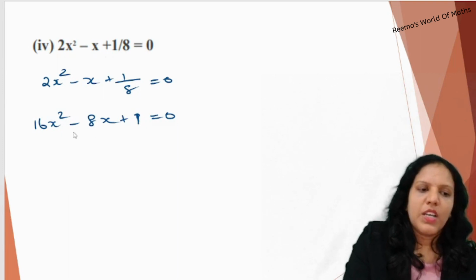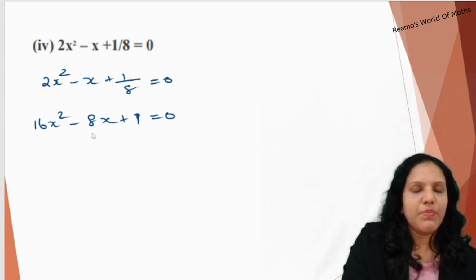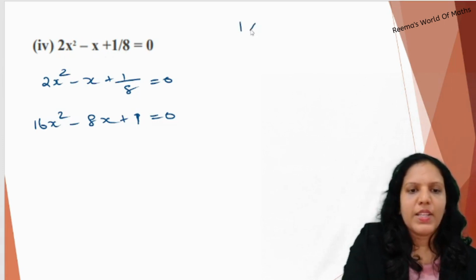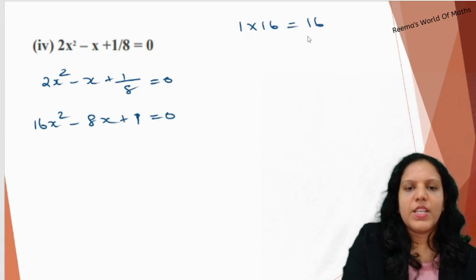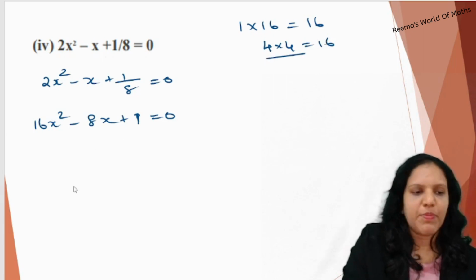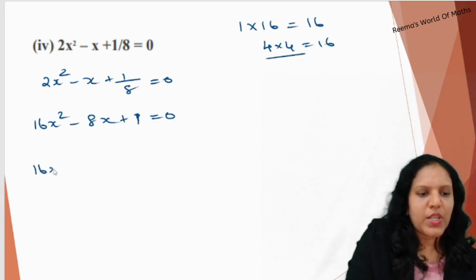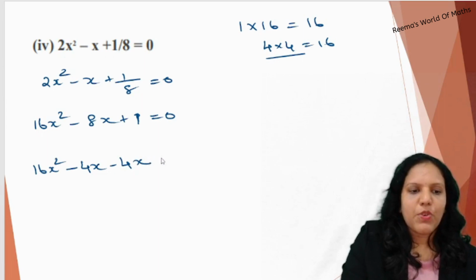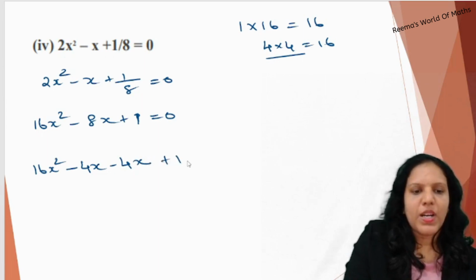Now we can split the middle term as usual. The constant term is 1 and the coefficient of x² is 16, so that is 16. We need to find numbers, and 4 multiplied by 4 is also 16. So we can use 4 and 4 to split 8, the middle term. So that will be 16x² - 4x - 4x + 1 = 0.